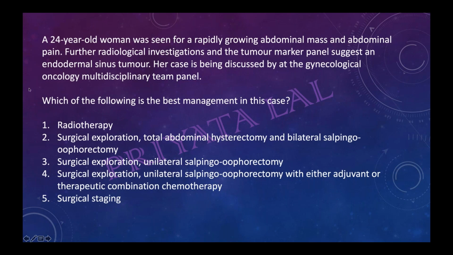So it is endodermal sinus tumor, young girl. What will you do? You will do surgical exploration, you will do USO, and it is 1C. So they will do a surgical exploration, unilateral oophorectomy with adjuvant or therapeutic combination chemotherapy.